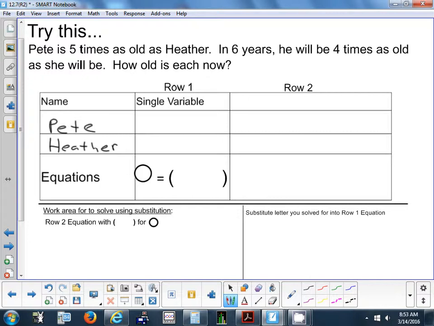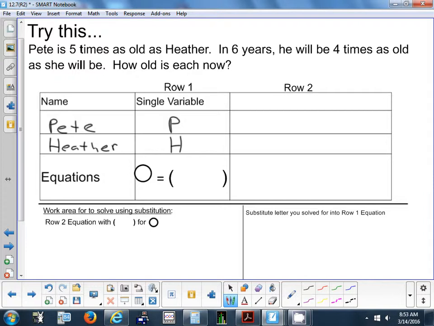What's the next thing in that table I should fill in? The variable. Yeah, we're going to fill in the single variable. Looks like most people had that too, Mr. Hager. At least that first row. That's a good start. So, Alex, what did you use for P? Just P. That works. And how about for Heather? H. Sure.